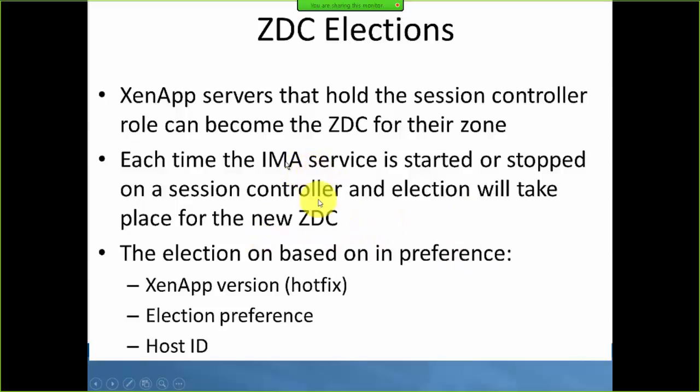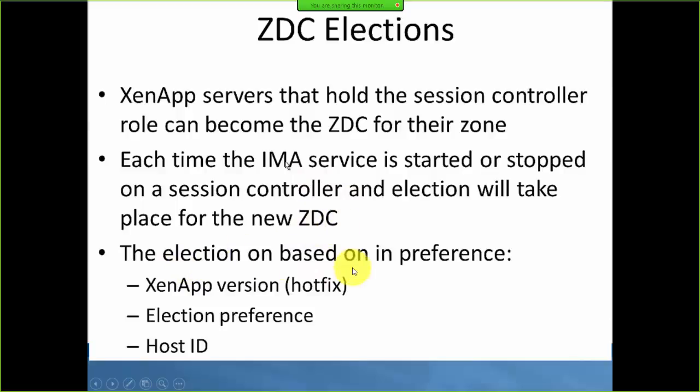The IMA service is responsible for the communication between the XenApp servers, right? So it's all about unavailability that will trigger the elections.